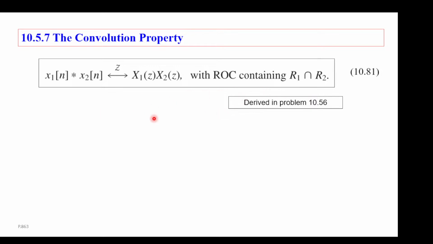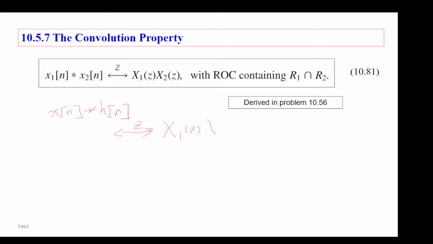Anyway, this lets us solve the LTI system, because you think about say x2 is h. If you have x1 equal to the input signal x of n going through some LTI system with impulse response h of n, then the output will be x of n convolved with h of n, and in the frequency domain it will just be big X of z times big H of z.